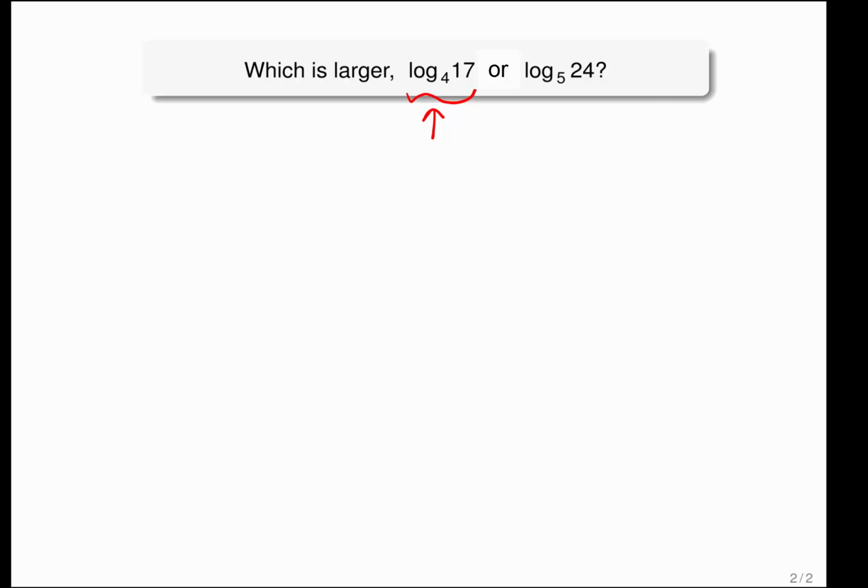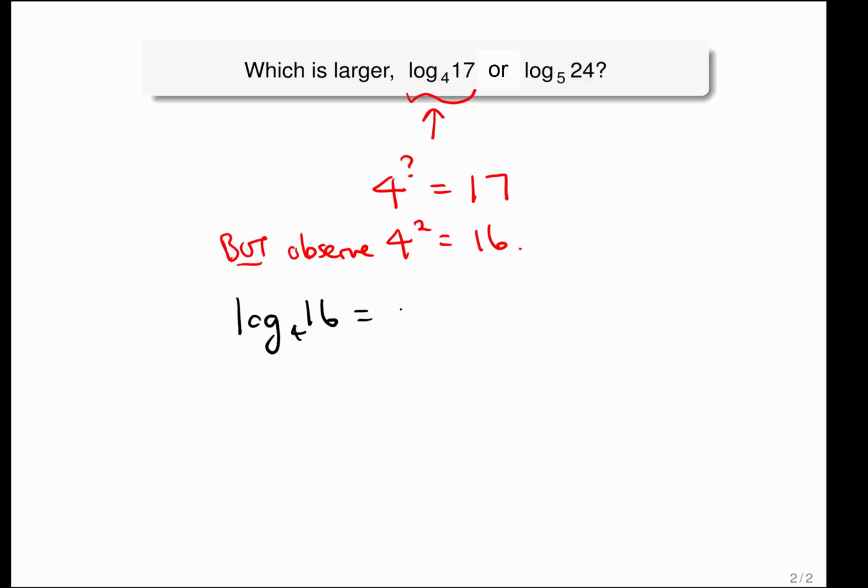In other words, 4 to the power of what gives me 17? Well, that's not easy to answer. But I do know that 4 squared gives me 16. Therefore I know that log of 16 to the base 4 is equal to 2.